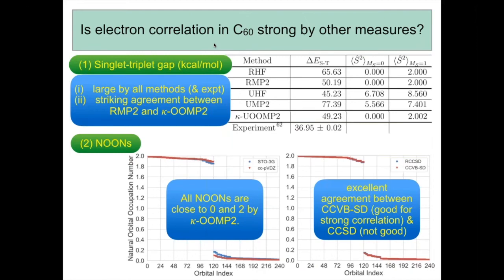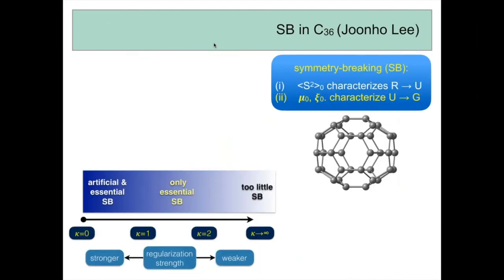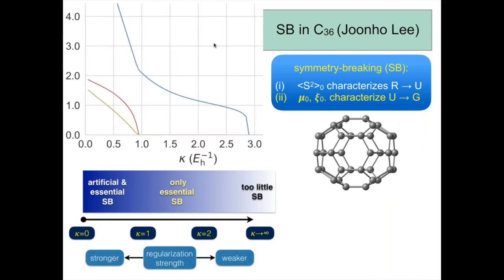CCVB-SD is maybe worth another webinar another time, because it's a method that can describe strong correlations, and yet we see none in C60. All right, so that CGHF solution in C60 appears to in fact be artificial symmetry breaking. What about a more reactive fullerene like C36? Let's do the same game in C36. When we do the same game, we see something very different.